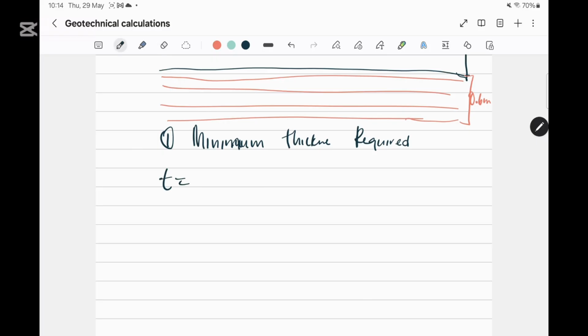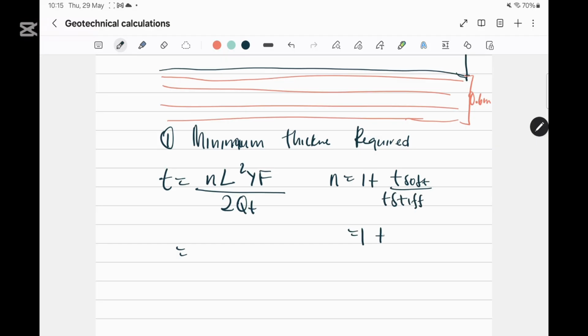So T is equal to N, then you have your L squared gamma over 2 times sigma T. Now we need to find our N, because our formula has an N there. N is just equal to 1 plus T soft over T stiff.